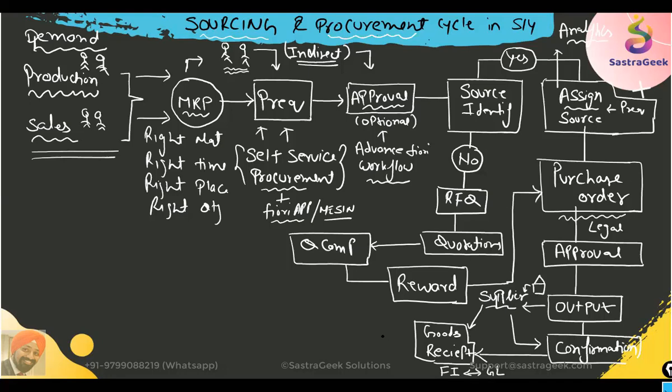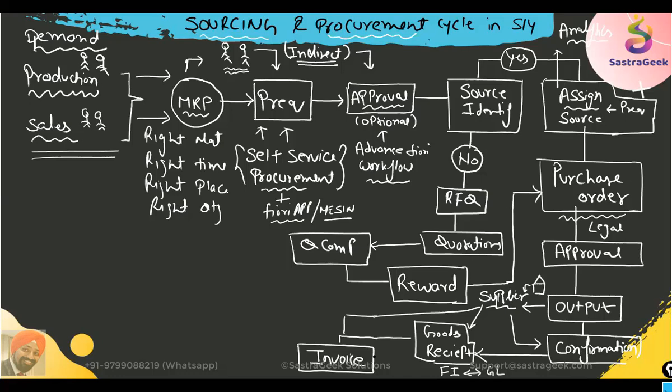Once the receipt is done, the vendor would be sending an invoice. The invoice can be sent with the goods receipt, or sometimes the vendor can send the invoice separately. Once this invoice has been received from the supplier, we will be creating an invoice in our system.